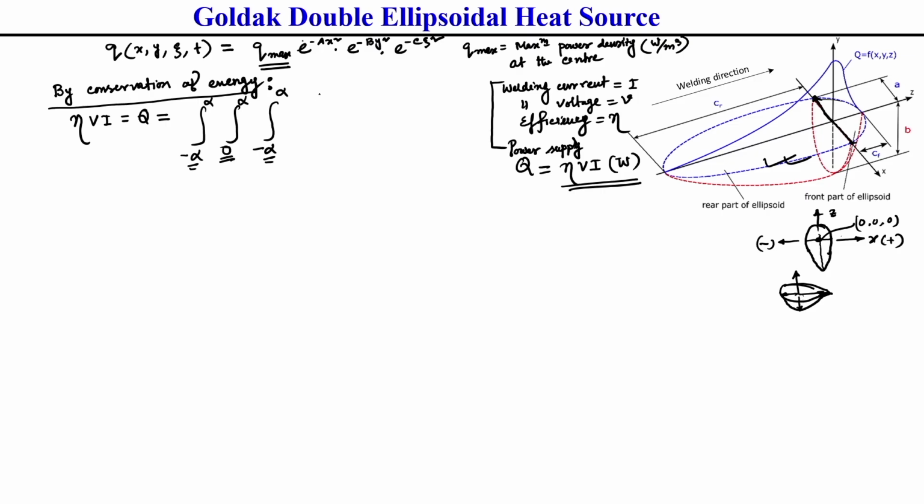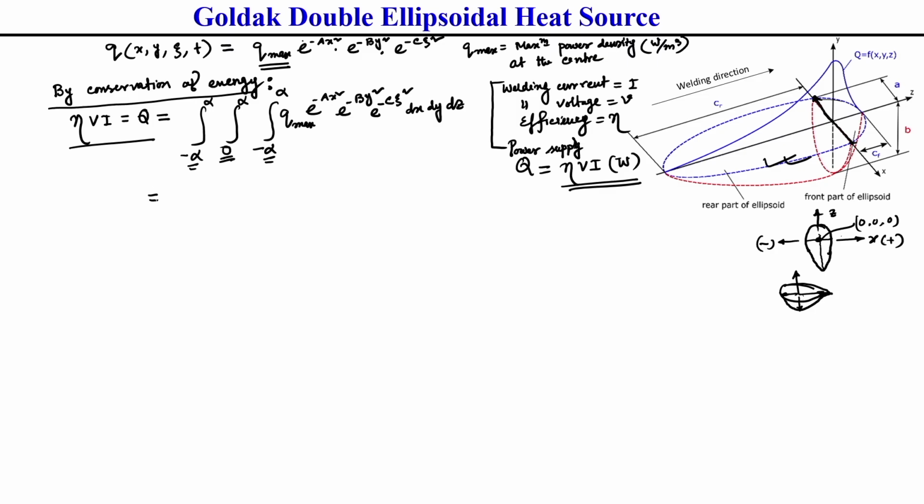This you can write as q max into e to the power minus a x square, e to the power minus b y square, e to the power minus c zeta square, dx dy dz, okay. So, this is by conservation of energy, this you can write like this, clear. So, how the equation is coming, this idea you got, okay.